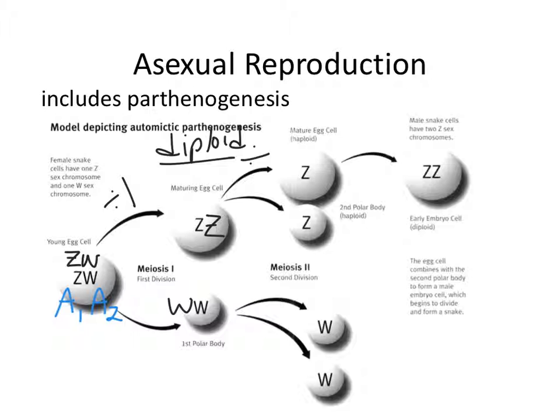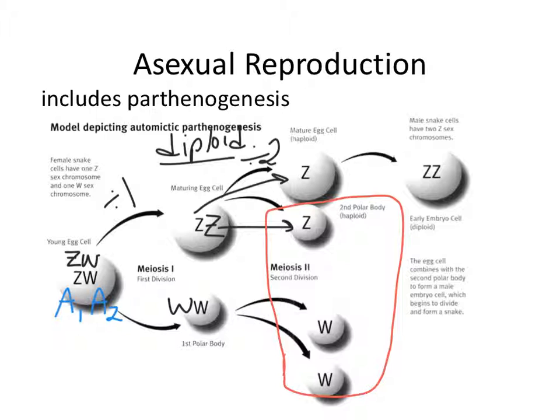And then here is where the second division happens. Division 2, right? One Z goes into one cell, the other Z into the other cell, and we get two W cells down here. So now we've got haploid cells. You might remember that in meiosis, only one of the four products in a female is an actual functional oocyte. The other three products are polar bodies.